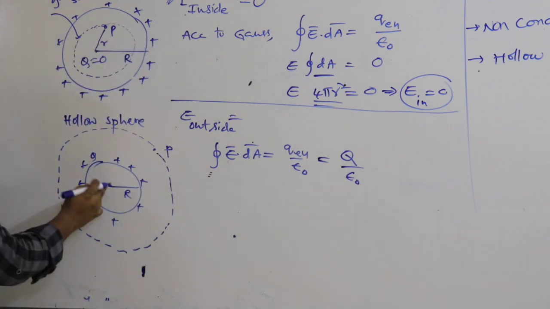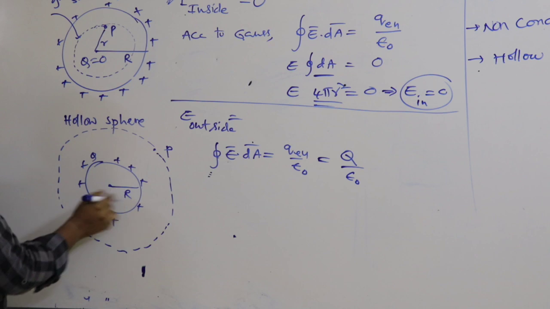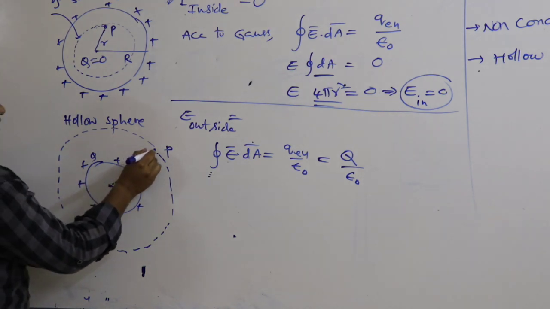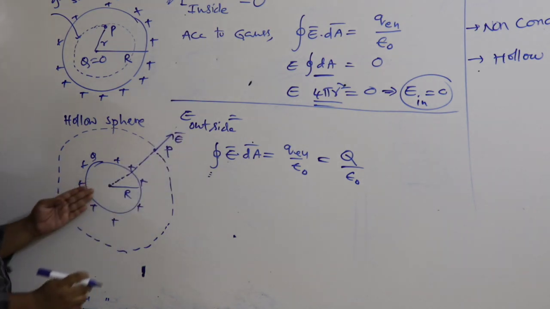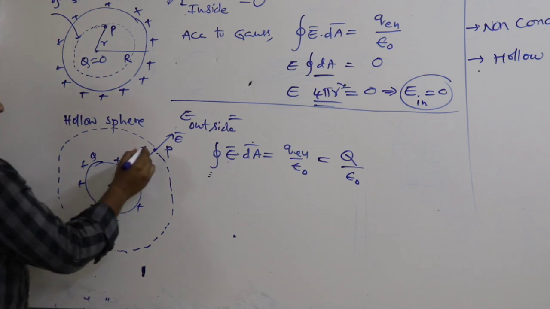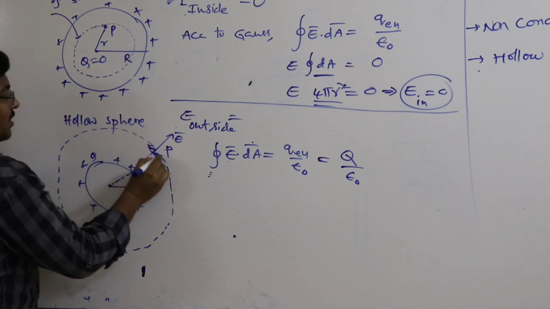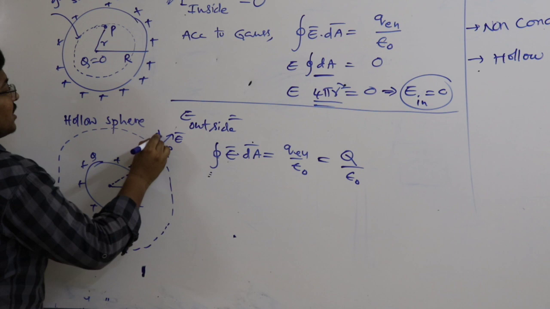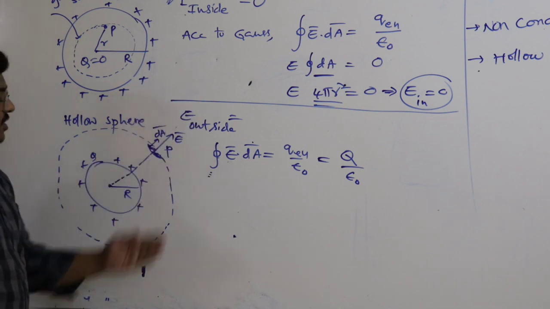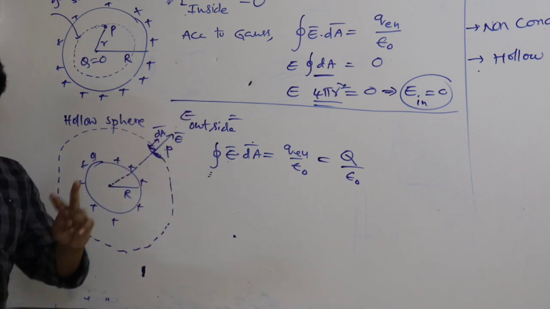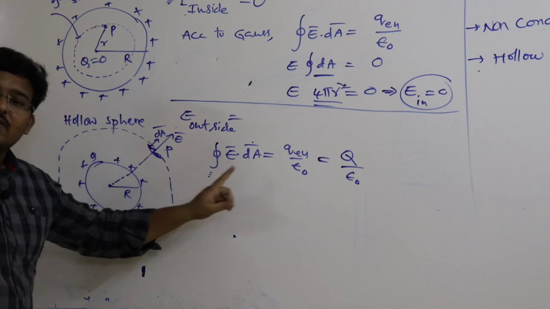And you know that due to this plus charge, the electric field at this point P is outward. And if you take some small area, the dA vectors are also in the same direction. So the angle between the area vector and field vector is 0.